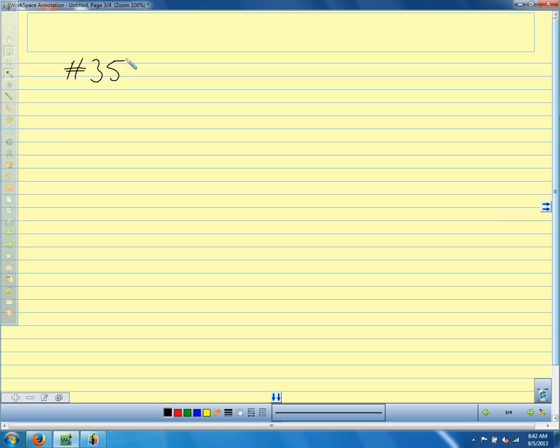Look at number 35 for mixture problems, because it gives you an equation. You can also look at example 5 on page 427 for an example in the book of a mixture problem. They go through and solve a mixture problem there in the book.